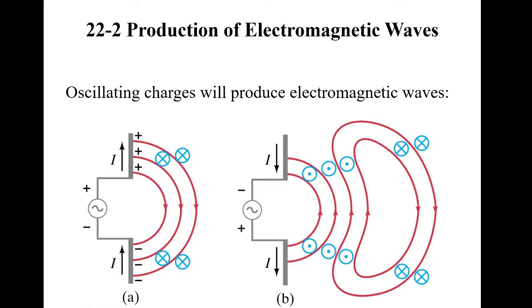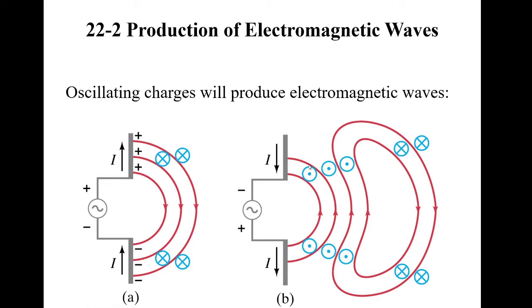So if you look at a current top-down view, you're either going to have a magnetic field that goes clockwise or counterclockwise. When the direction of that current changes, in this particular orientation shown on the slide, you're going to flip from out of the page to into the page. These red arrows are representing the electric field.